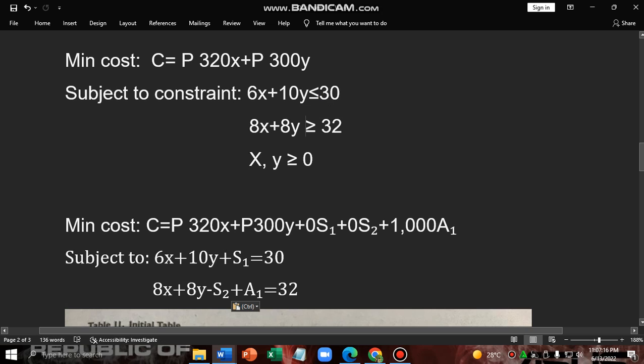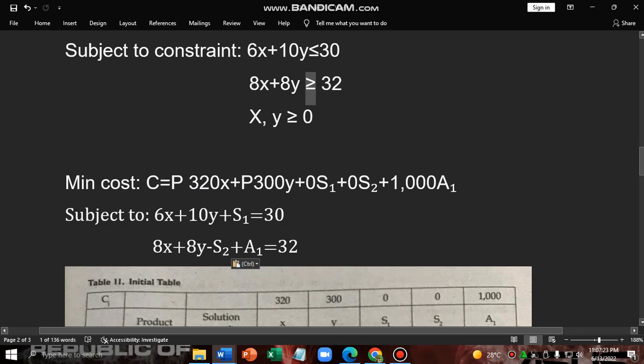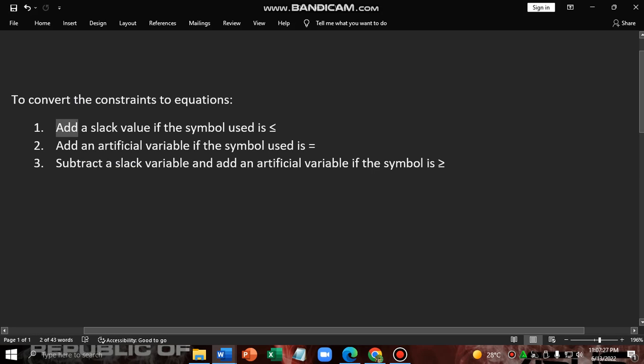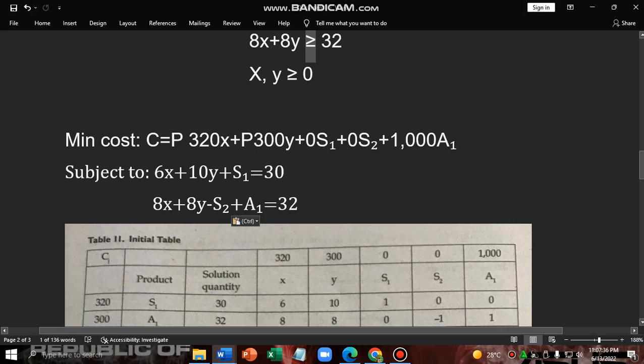Since we used greater than or equal to, we subtract a slack variable, so minus S sub 2, plus we add an artificial variable, so plus A sub 1 equals 32.